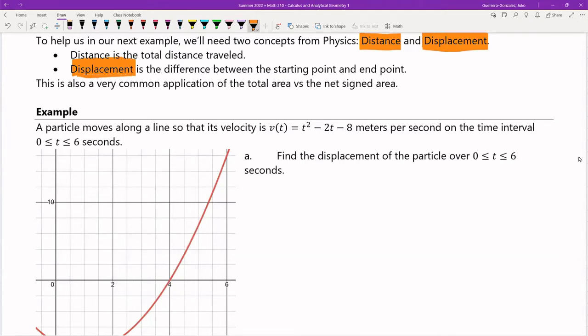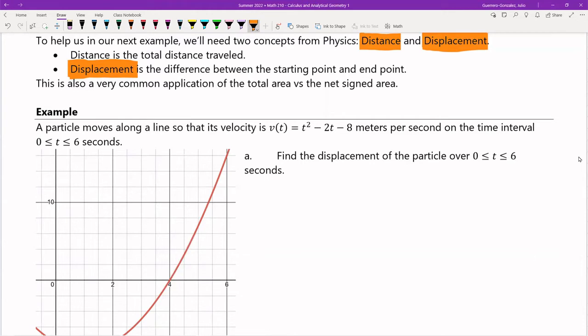So the way that I like to explain it is this. Let me take a look at displacement first. An example of displacement would be like, let's say I, right now, jump into a spaceship, head to the moon, and then fly right back and land 5 feet from where I first started.